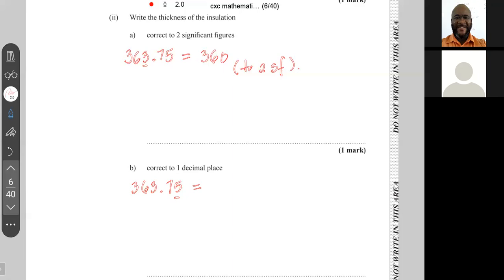Now, since the digit I'm considering is 5, I'm going to add 1 to the 7. My answer is 363.8 millimeters to one decimal place.